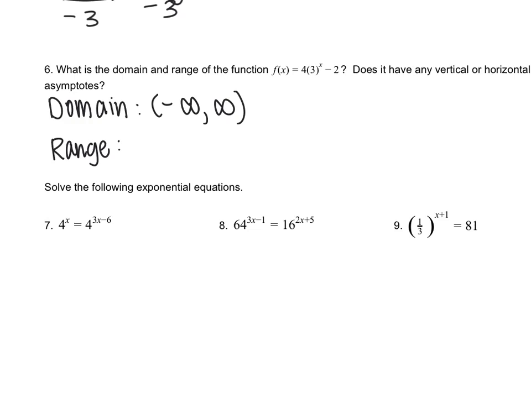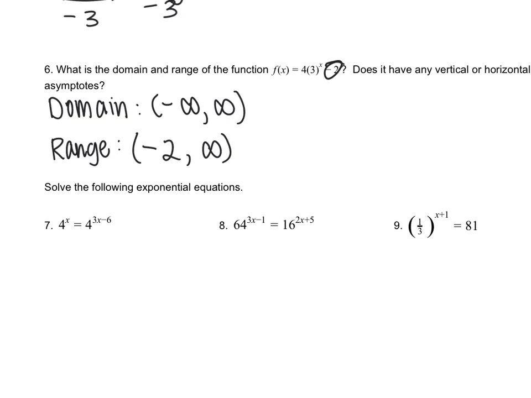And that's based off the number at the end. The number that you add or subtract at the end of your exponential function determines your range. And as long as you don't have a negative in front, in this case we don't, my absolute smallest value is going to be negative 2, and then it's going to continue to infinity.